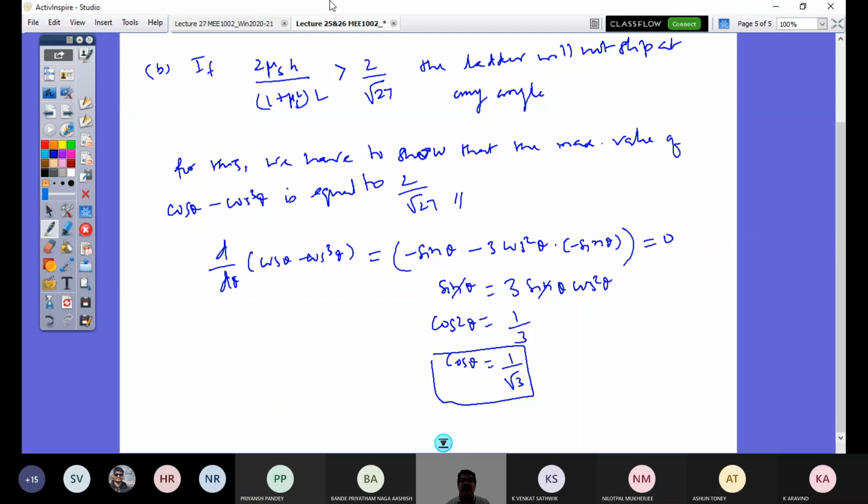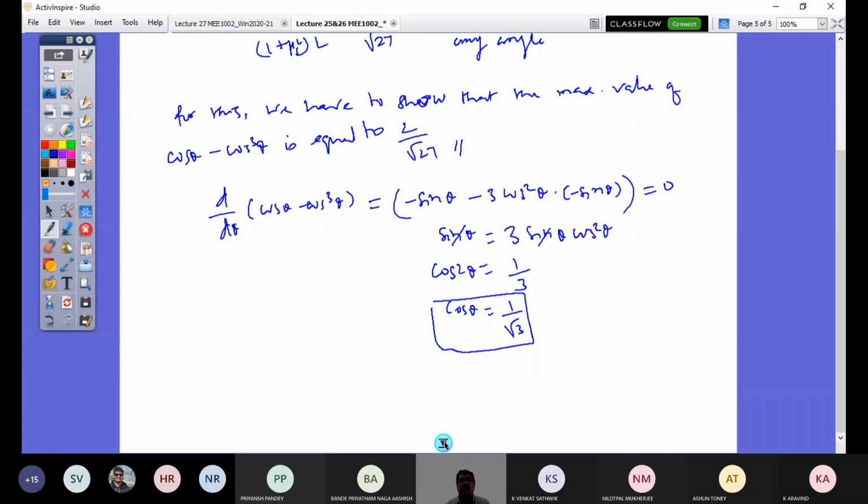So substitute this in the function. If you substitute that in the function, what do you get? You would get cos theta minus cos cube theta, whose maximum value would be, substituting, 1 by root 3 minus 1 by root 3 cube, that's 3 into root 3.